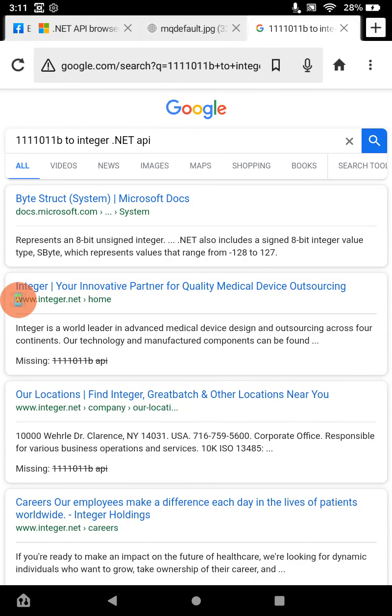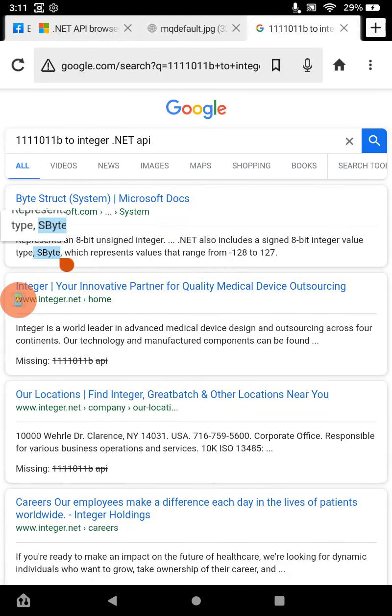So Microsoft docs: Byte represents an 8-bit unsigned integer. .NET also includes a signed 8-bit integer value, sbyte.